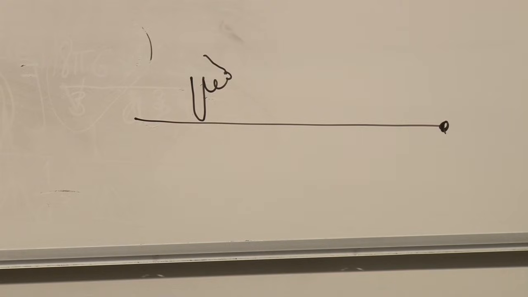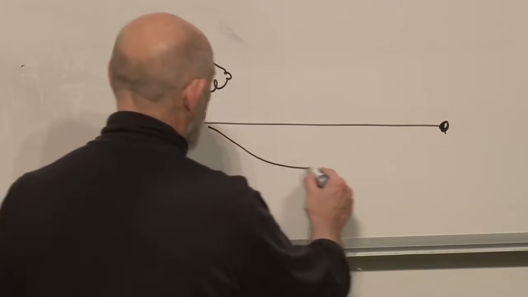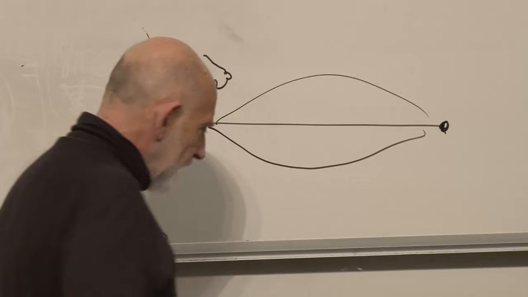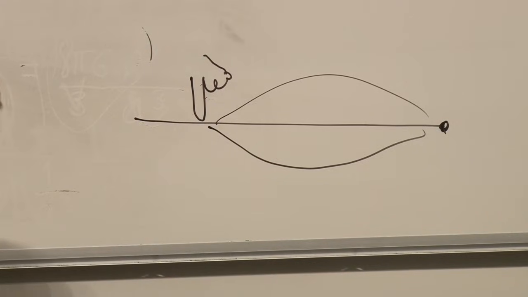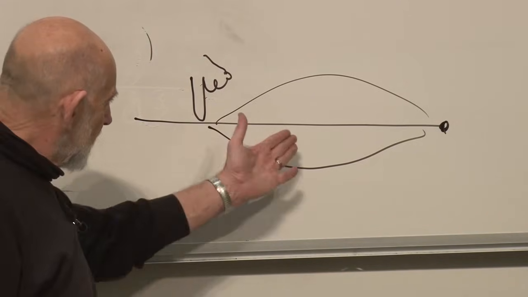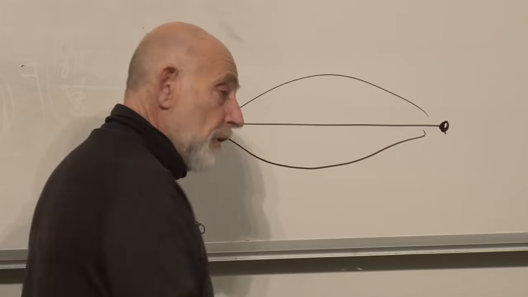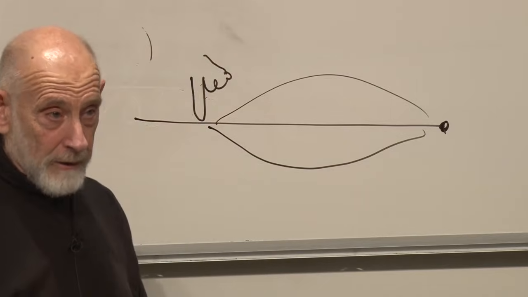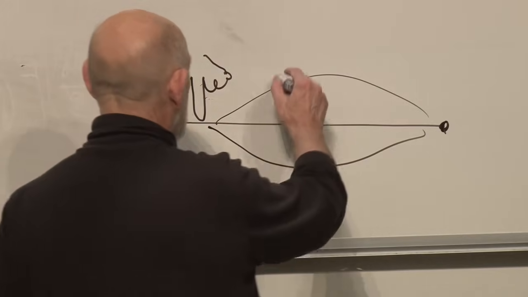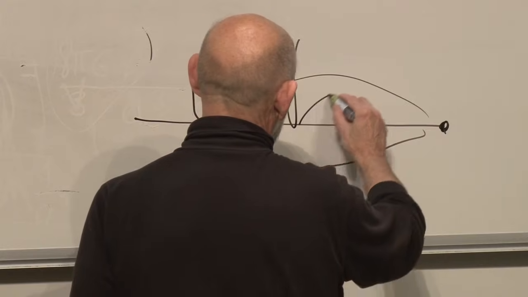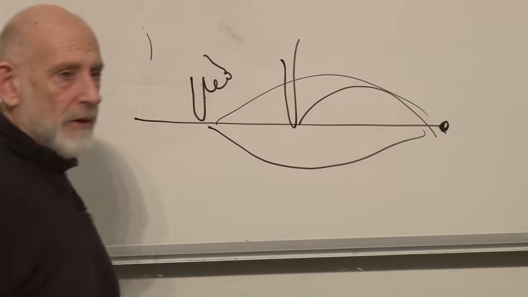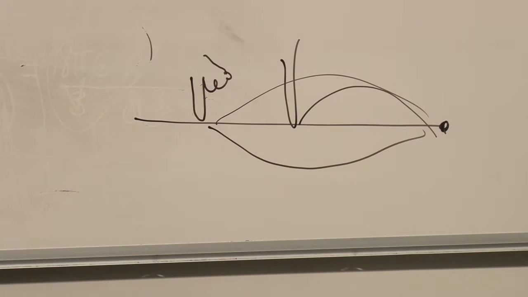And you pluck it. It starts to vibrate. And then if you slide your finger, you're effectively changing the size of the box. You change the size of the box, the wavelength just changes, and the tone, the note changes in correspondence with a change in the size of the box.